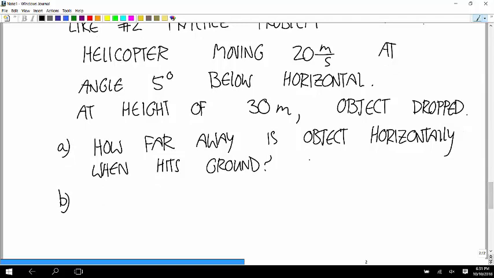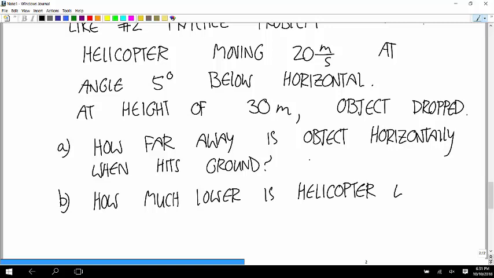And then second, how much lower is the helicopter when the object hits the ground? And we're going to assume that the helicopter keeps moving with the same velocity, stays on the same line it was on, and the speed doesn't change the whole time that the object is falling. Okay.